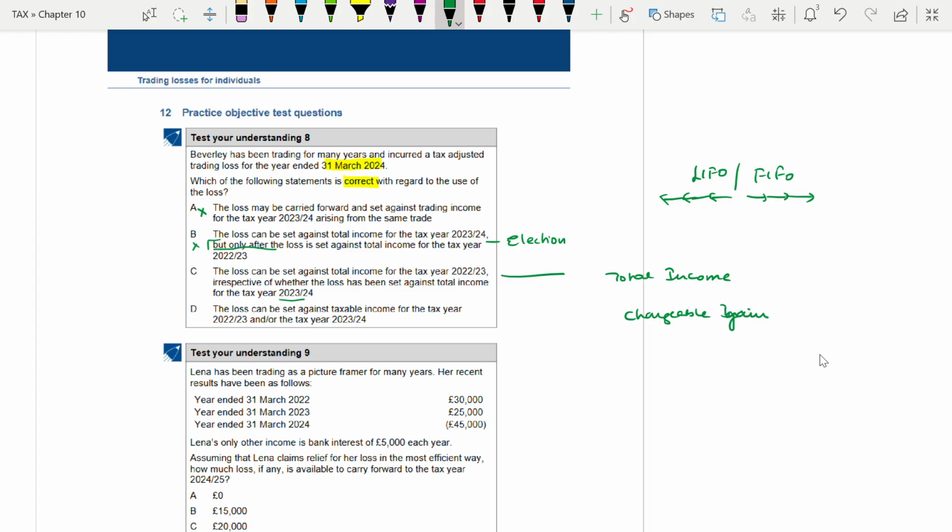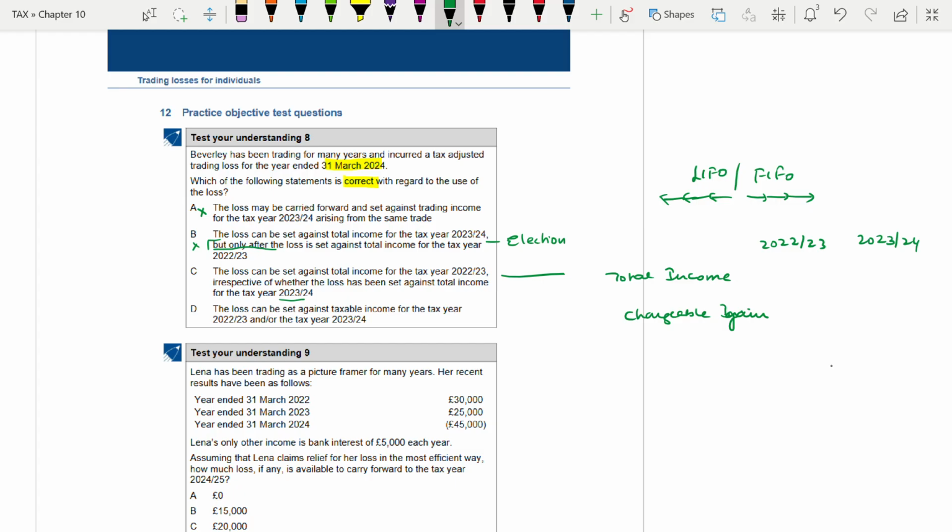Now, the loss can be set against total income of 22-23, then 23-24. Now, trading for many years. Is it right? Trading for many years.